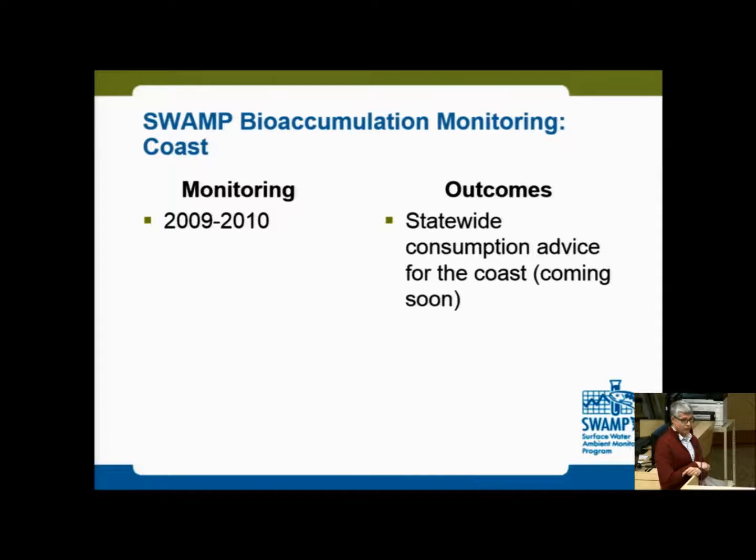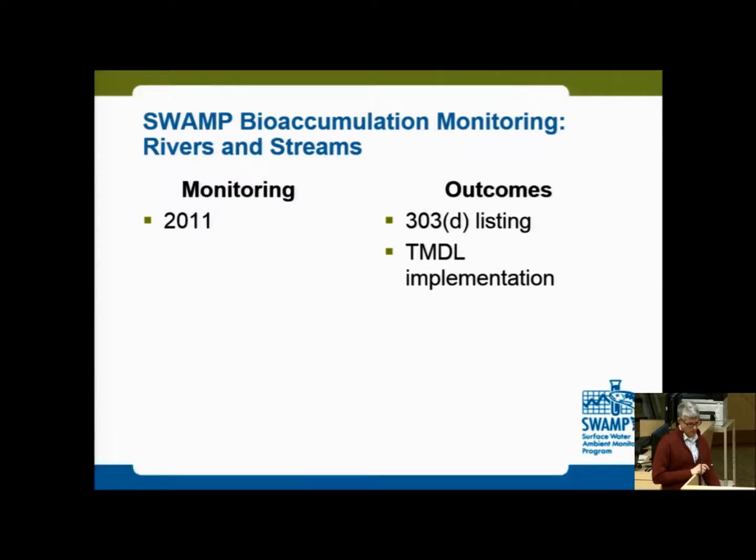Coming very soon, as a result of this work, is statewide consumption advice for the coast from OEHHA. And for rivers and streams, we did a 1-year sampling effort in 2011. As for the lakes, this is providing support for the 303(d) listing and TMDLs, particularly in the form of implementation of the Delta methylmercury TMDL.